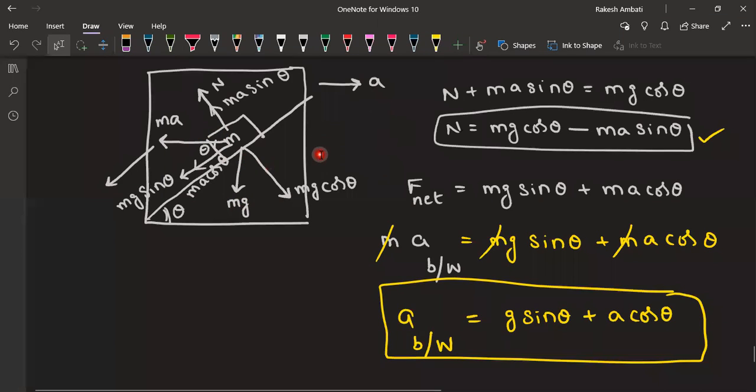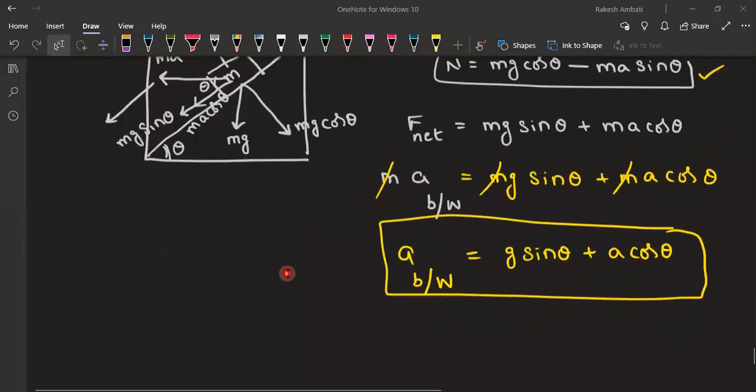The same type of logic we have to follow in all the questions. Please note down. Next question.